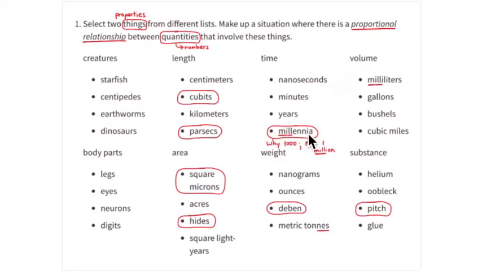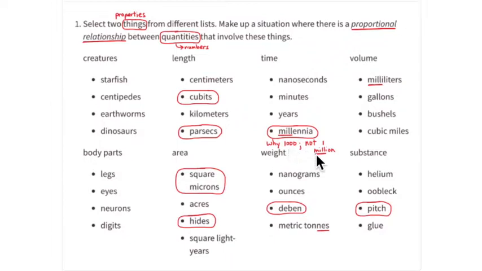Millennia I find interesting because milli shows up as a milliliter, which is 1,000th of a liter. But then in a million, it's 1,000,000 things. So that's more than 1,000. So why isn't millennia equal to 1,000,000?